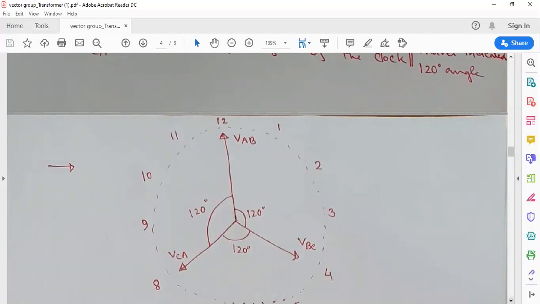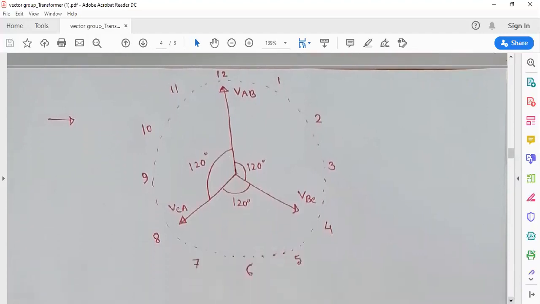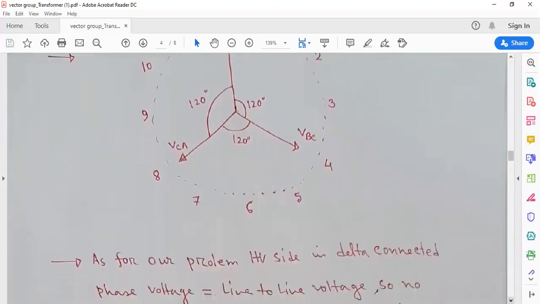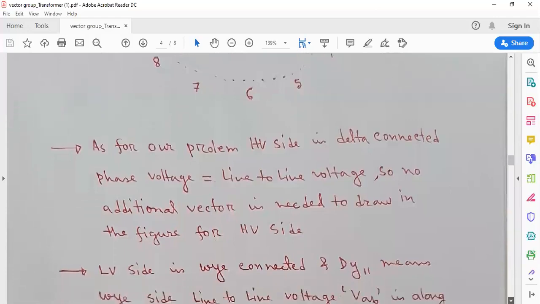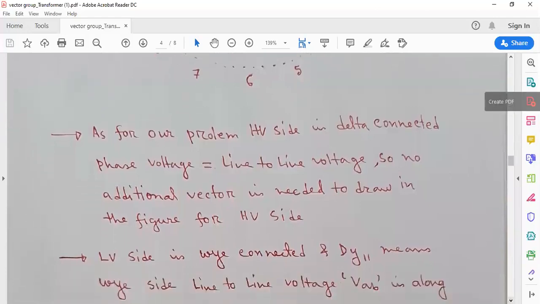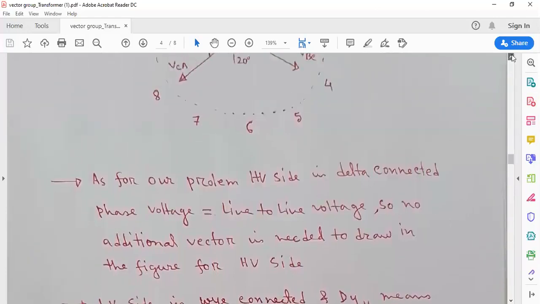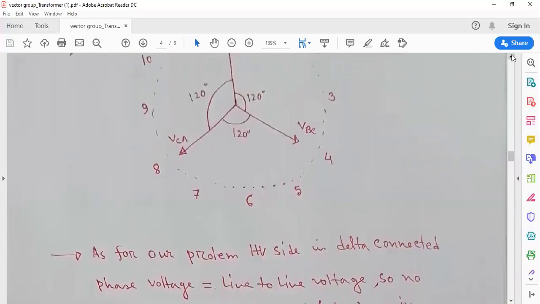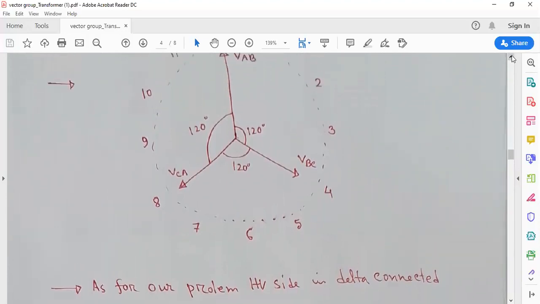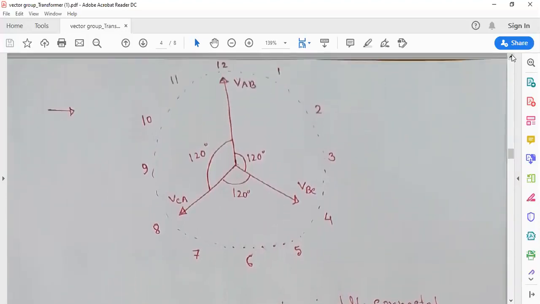Okay, now we have to do the phase voltages. Like we have discussed before, we have to draw all the phase voltages and line voltages of the primary and secondary side in the vector diagram.